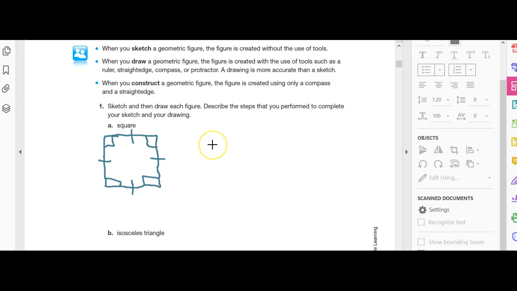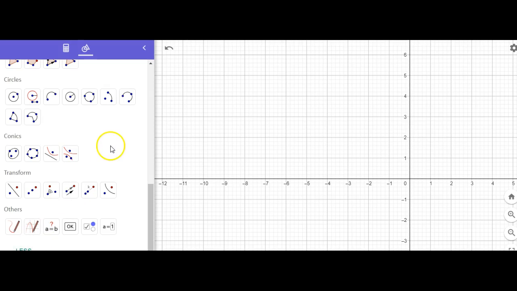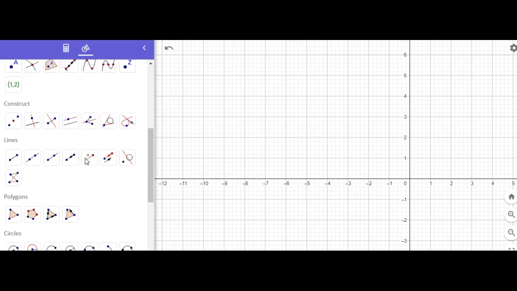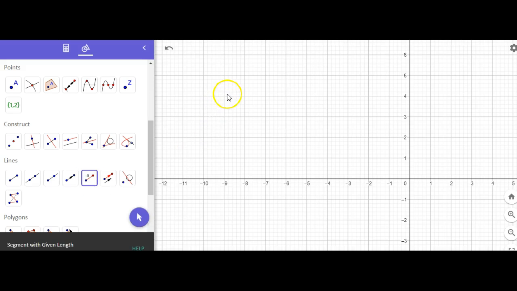Okay, let me take that off for a second. Okay. So now here I am on a site we call GeoGebra, and I should be able to construct a segment of a given length, right? So that's a segment of a given length.